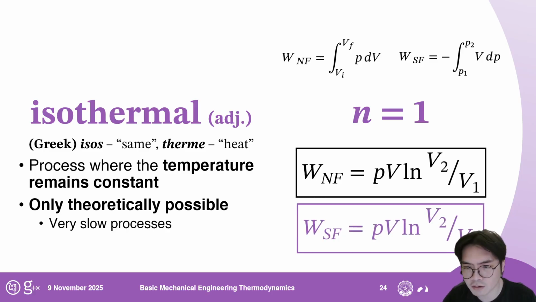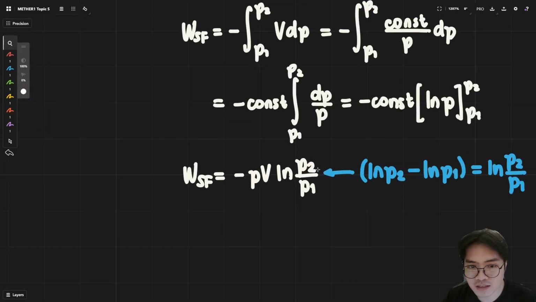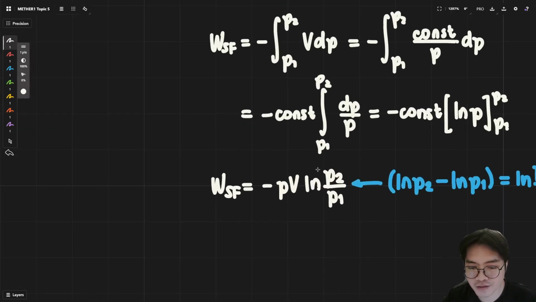So you might be thinking, wait, did he misprint this? Was this a wrong copy paste? Actually, no. You might say to yourself, well, that's not what we got. We got negative PV ln P2 over P1. The only way that this is true is if both of them are equal.